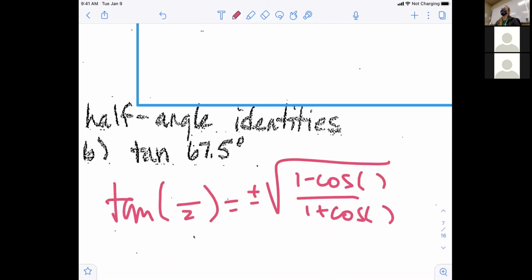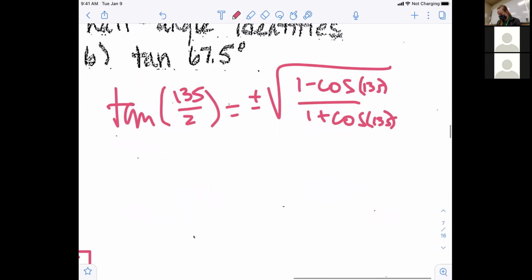Anyone know? Did you say 135? Good. Is that on your unit circle? Yep. So I have to do 1 minus cosine of 135 over 1 plus cosine of 135.